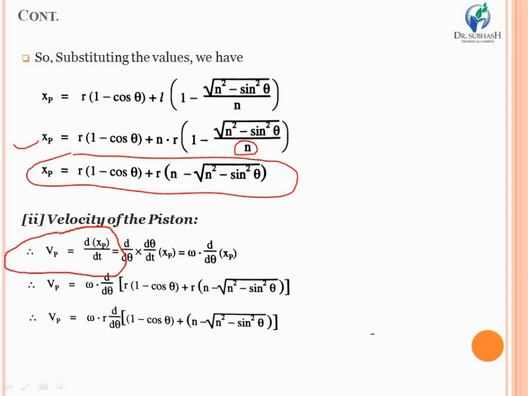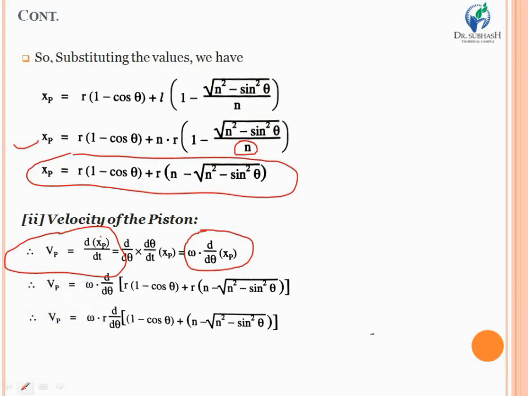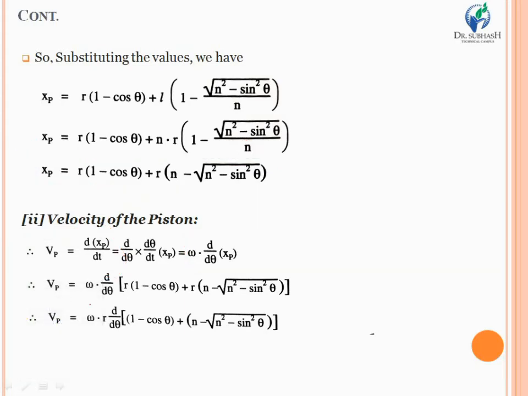that is, the rate of change of displacement with respect to time. By putting in the values, you will have d upon d theta into d theta upon dt with respect to xp. So ultimately you get omega into d upon d theta into xp. By simplifying it, the velocity of the piston, v suffix p, is equal to omega into d upon d theta.